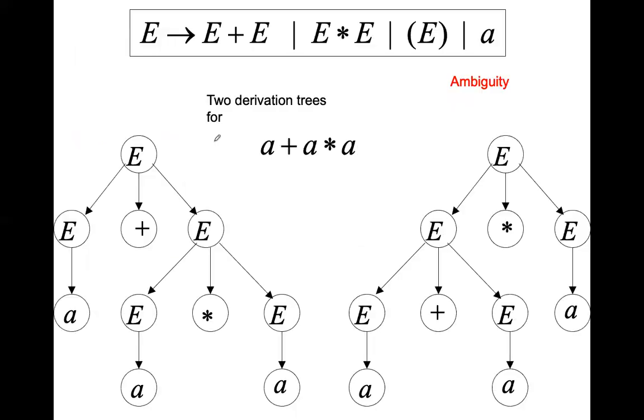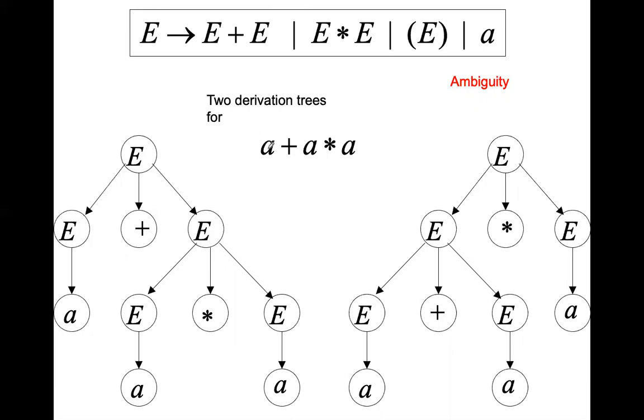Suppose for a particular string, if two different trees are available, then it is called ambiguity. Grammars come in different types, like ambiguous grammars, non-ambiguous grammars, and recursive grammars. In recursion also there is left recursion, right recursion, and normal recursion.